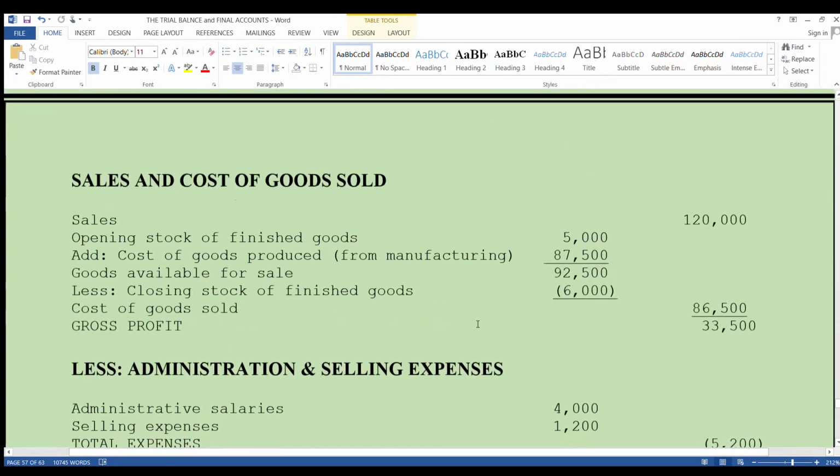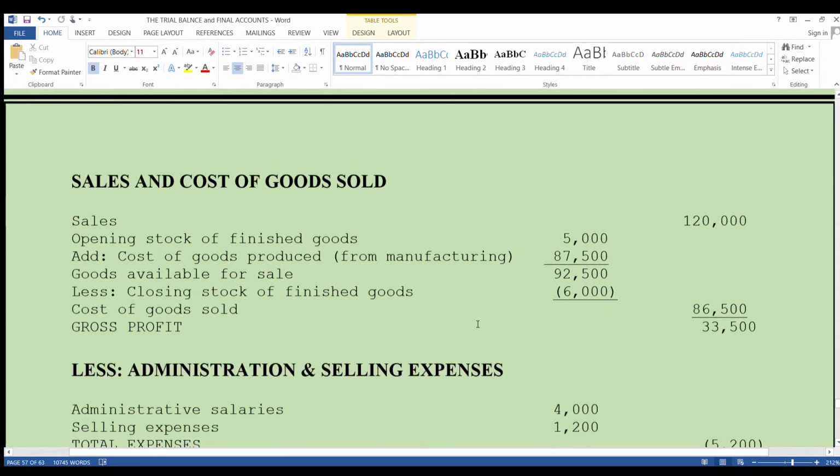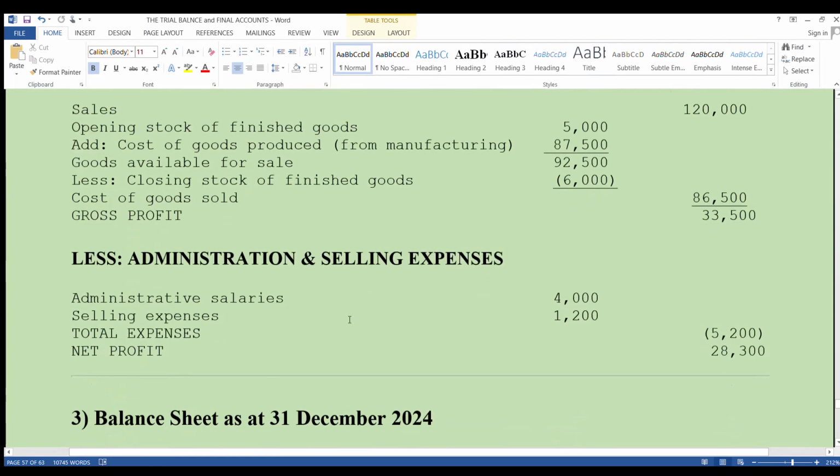So now you continue with your profit and loss account. You go to administration and selling expenses. We just want to subtract the expenses from the gross profit so that we get the net profit. Remember, a profit without expenses subtracted is not the net profit.